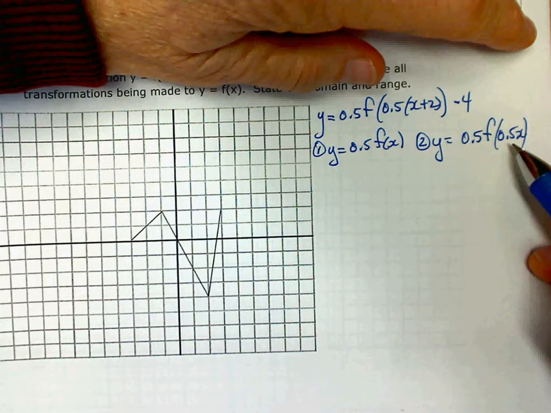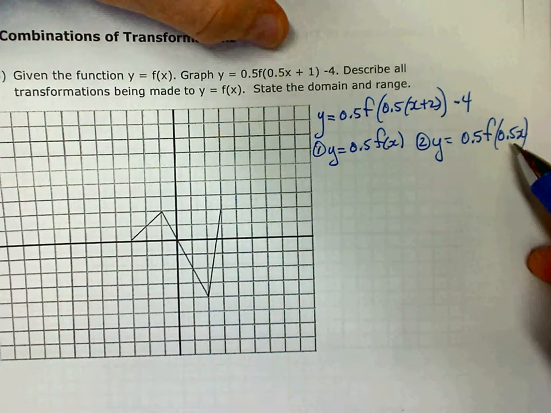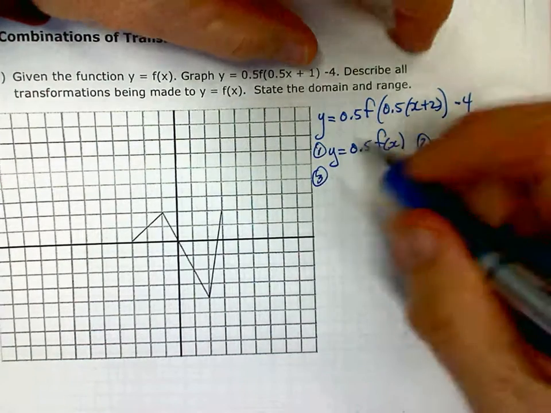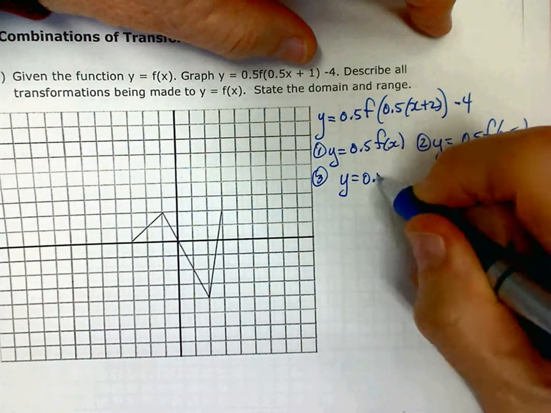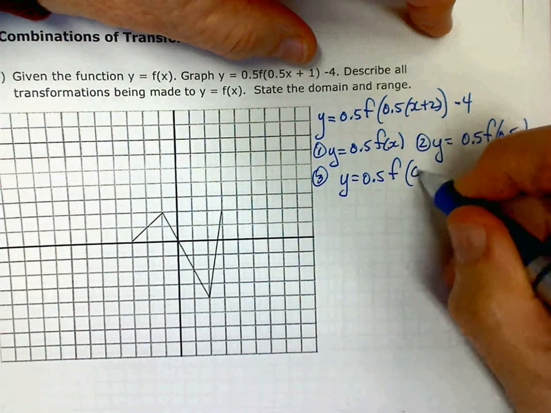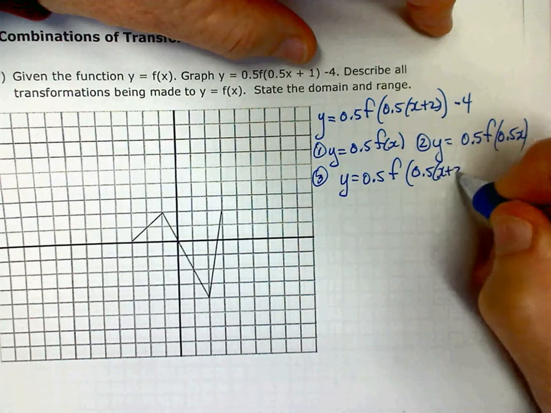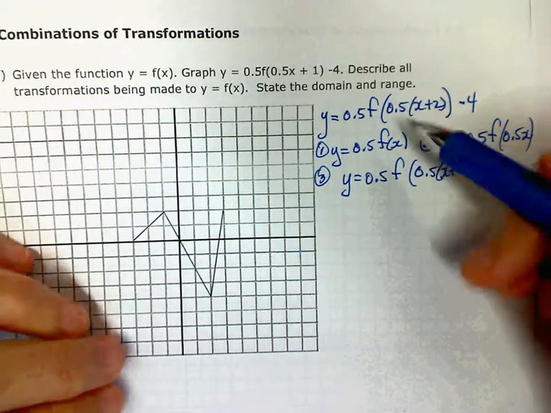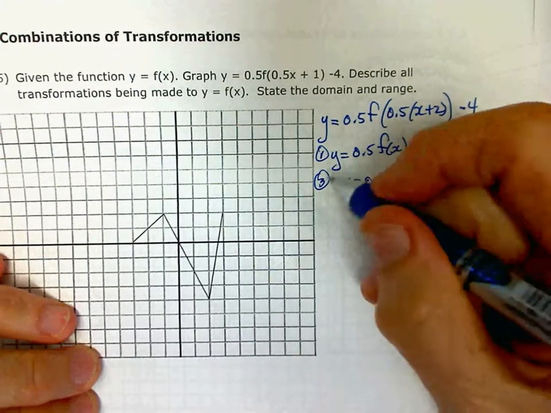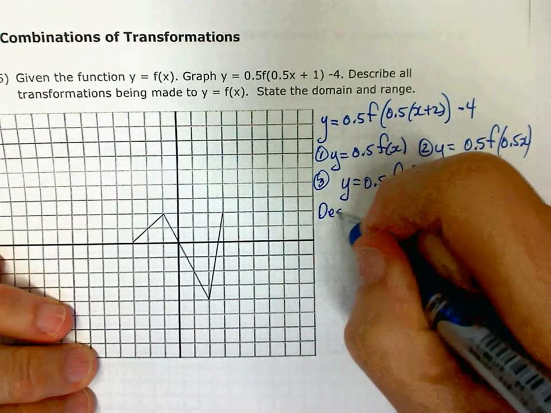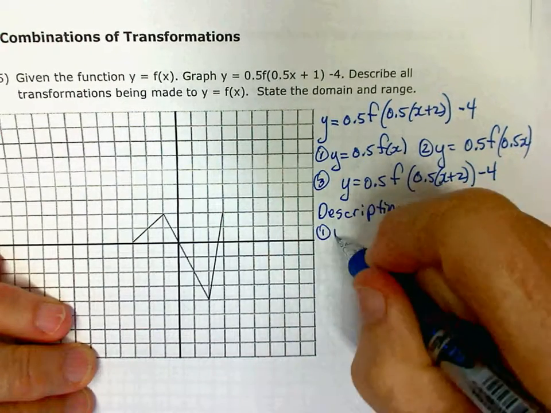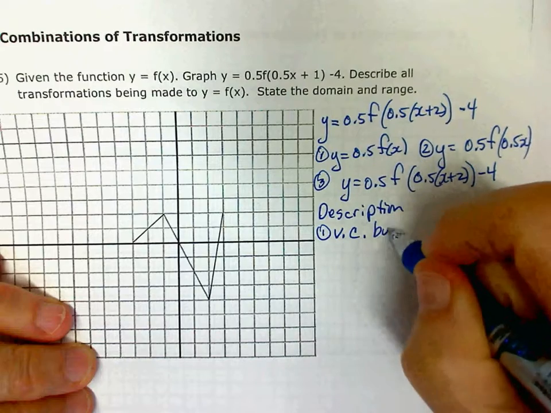Then we're going to draw the final graph, which is y equals 0.5 f of 0.5(x plus 2) minus 4. Okay, so the first one is a vertical compression by a factor of 2. Description. 1. Vertical compression by a factor of 2.